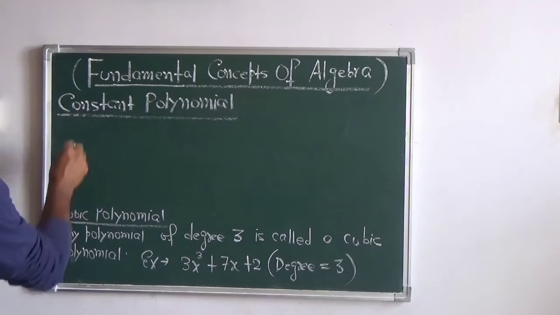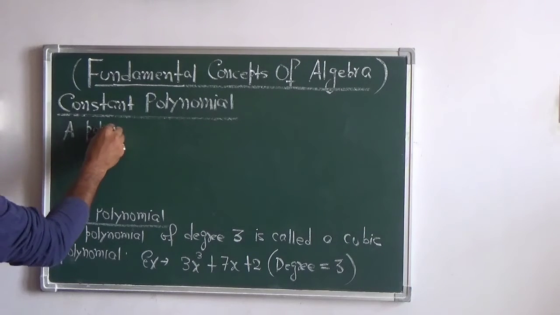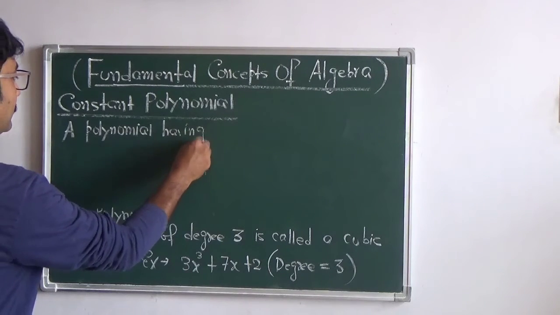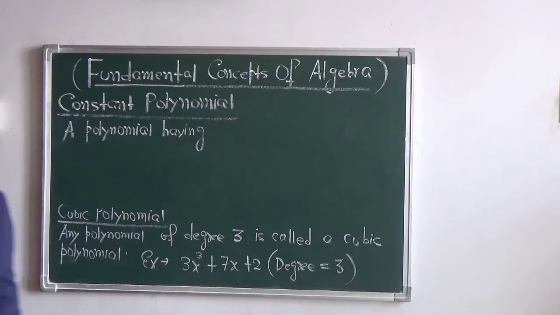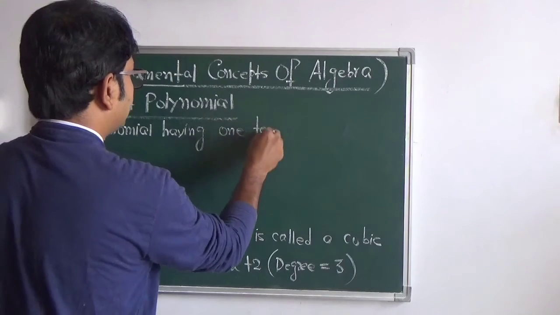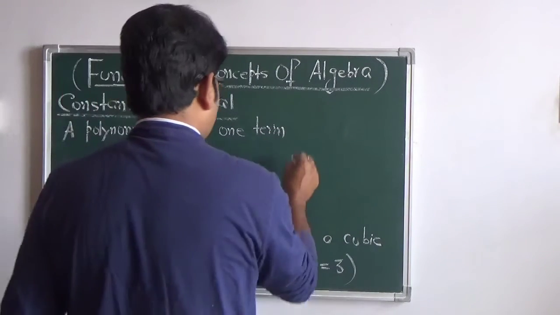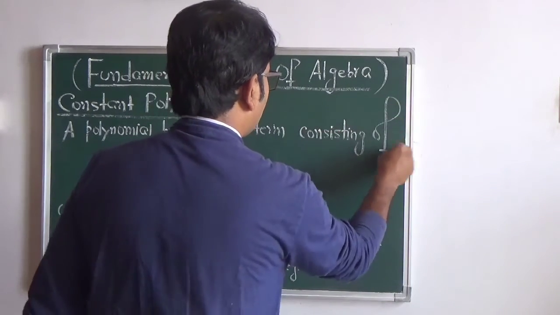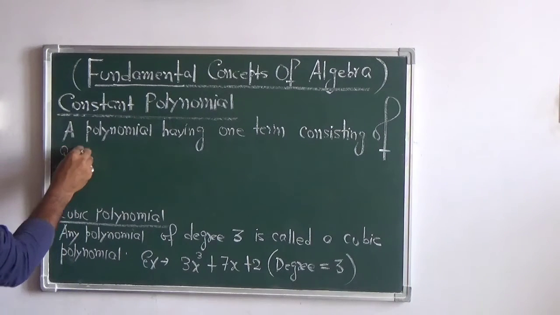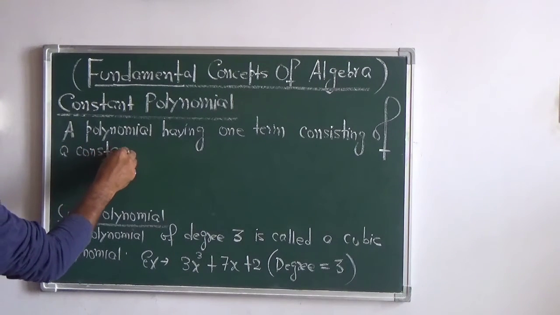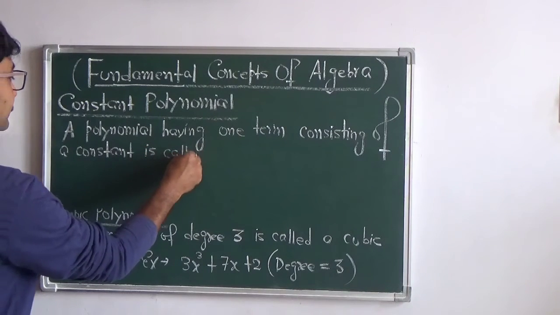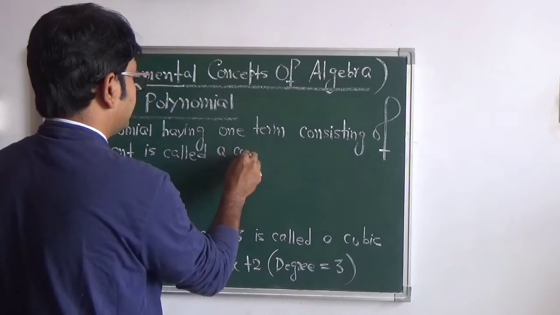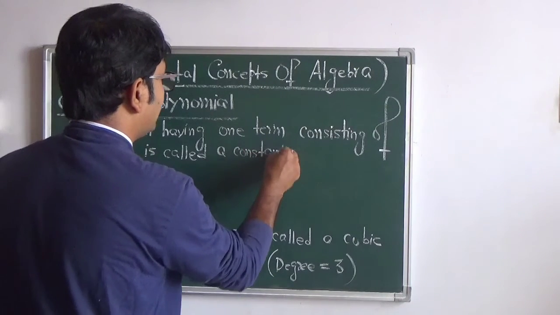So a polynomial having one term consisting of a constant is called a constant polynomial.